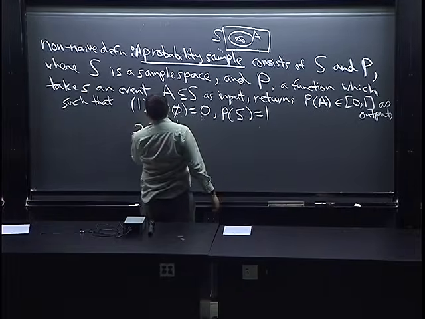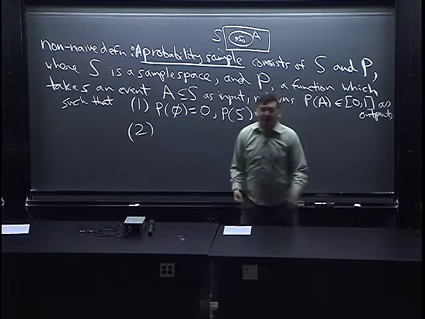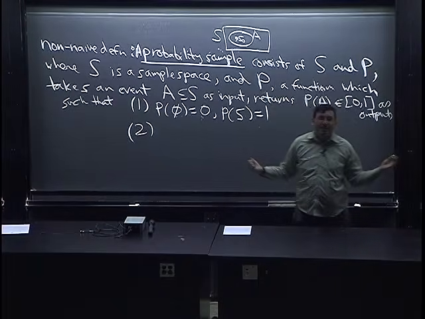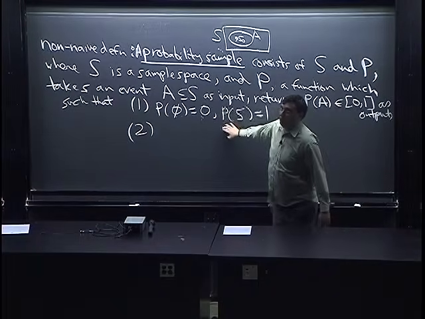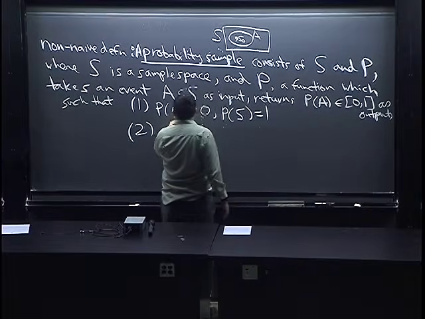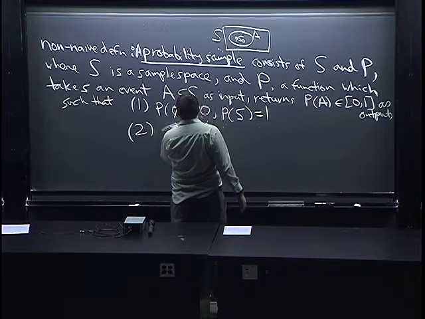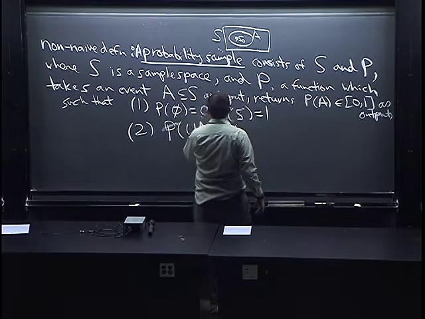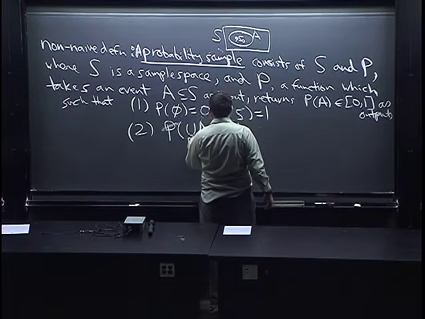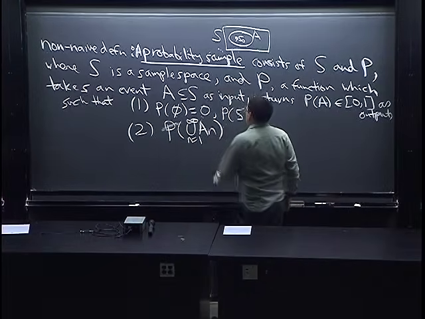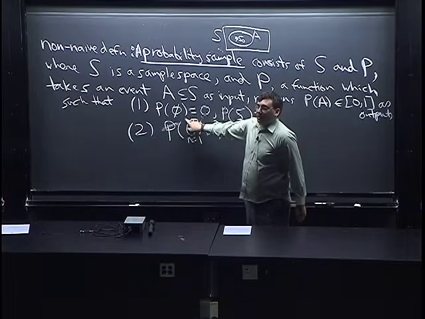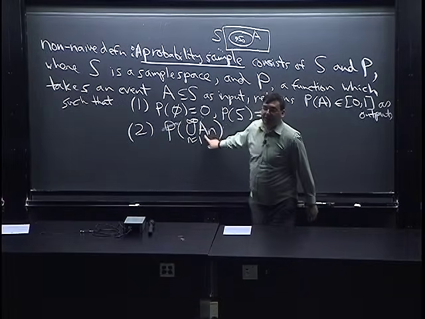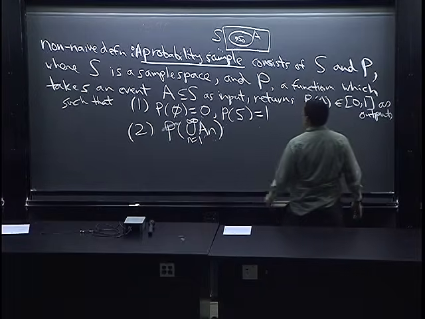The most important axiom is the second one, and luckily there's only two. So you're not going to have to memorize 10 axioms. It's just two simple rules. So just very quickly, the second one says that the probability of the union, so I'm assuming that you know unions now, this is called a countable union. That is, I'm taking a union of infinitely many, but it's called countably infinitely many.